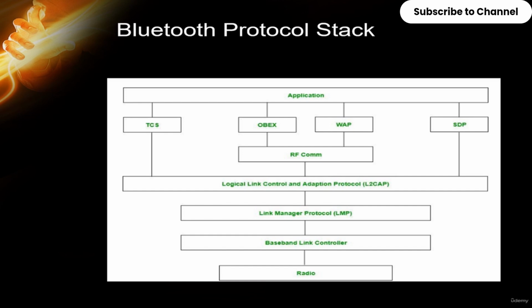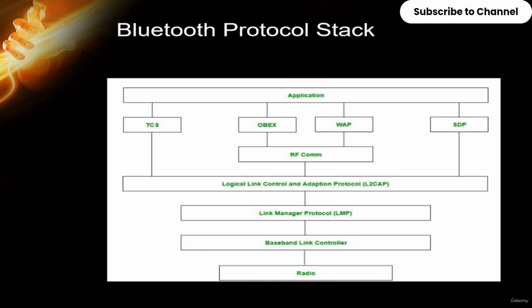The next is the link manager protocol, LMP. It handles the management of links, connection establishment, encryption and authentication. If any failure occurs, all the link communications are handled by this link manager protocol.